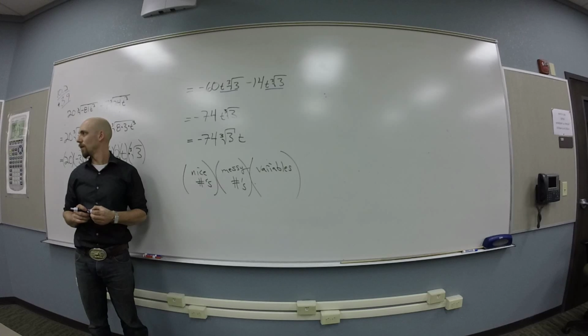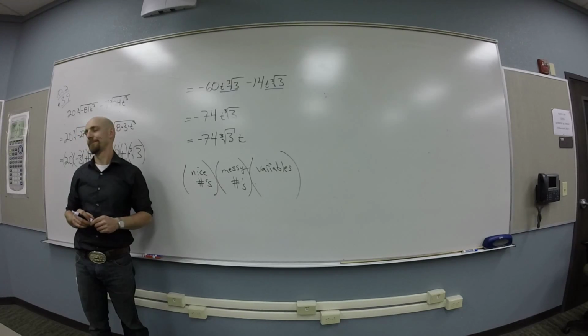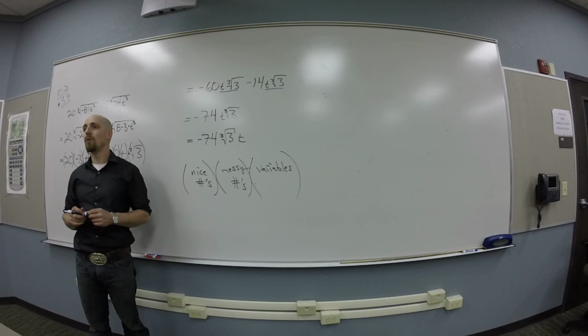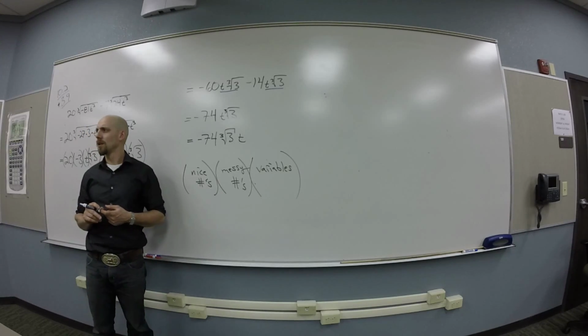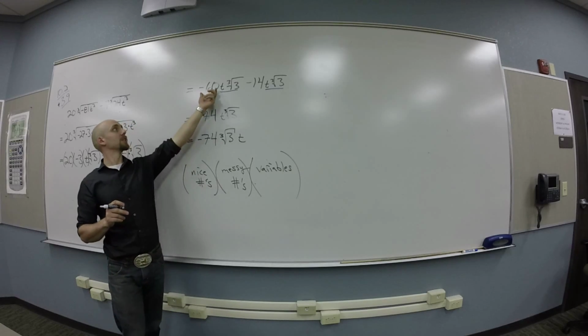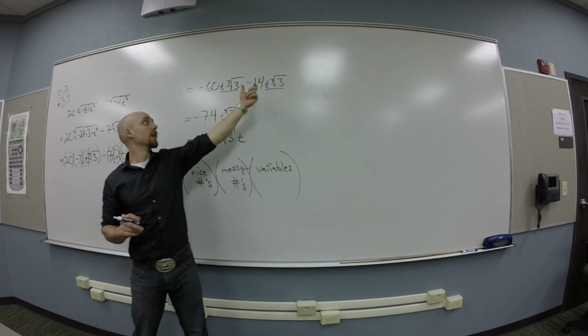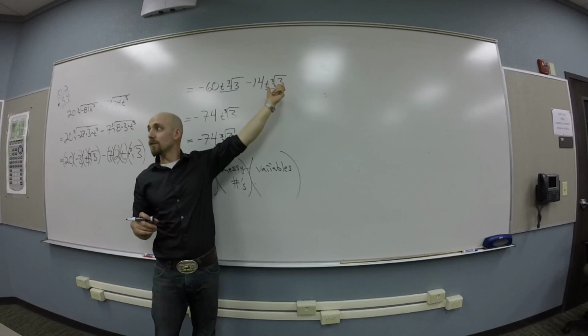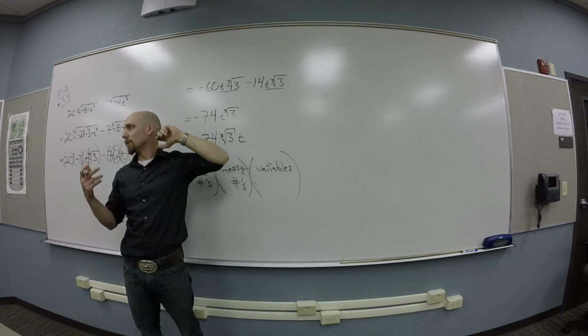So you wouldn't subtract the t cube root of 3 from itself and make it 0? No. Why aren't those canceling? They're not canceling because here there are negative 60 of those, and here there are negative 14 of them. For them to cancel, there would have to be the same number of them with opposite signs.